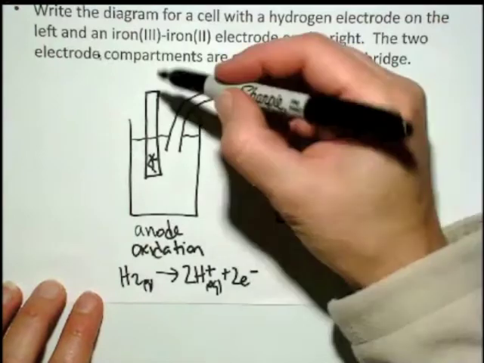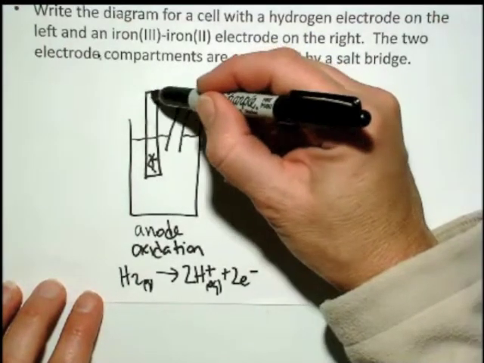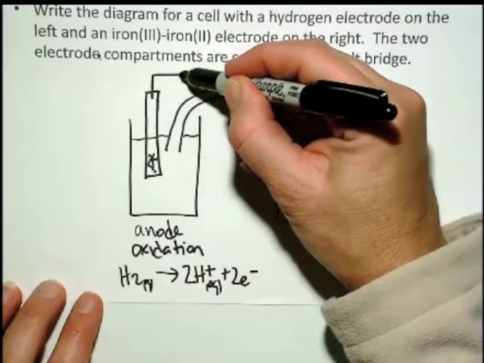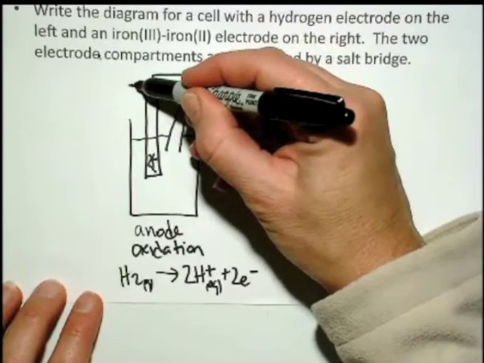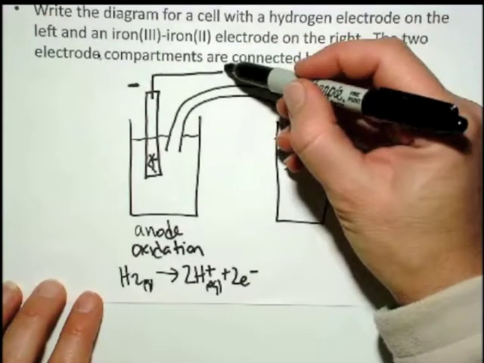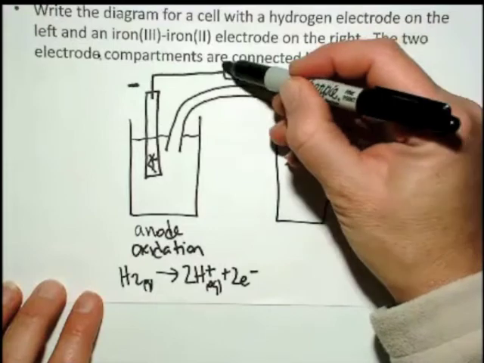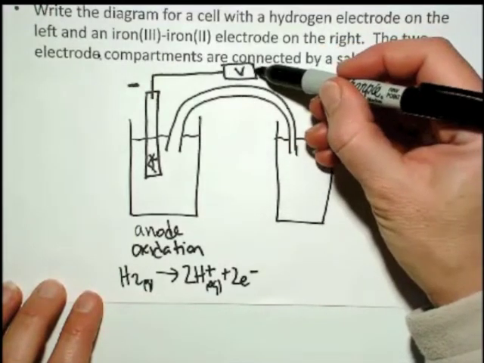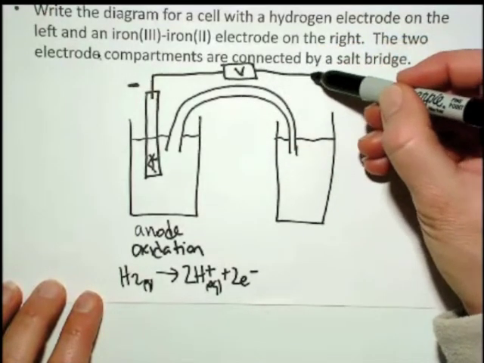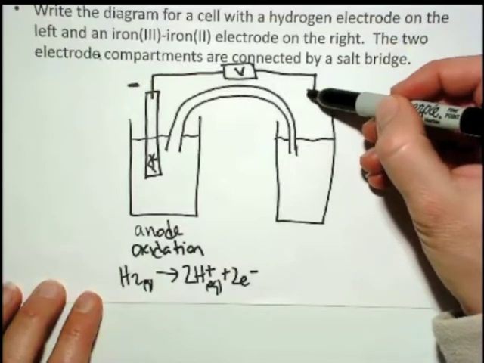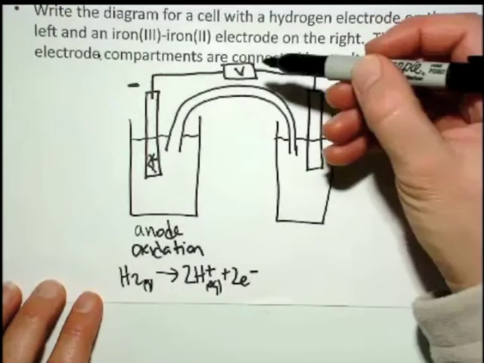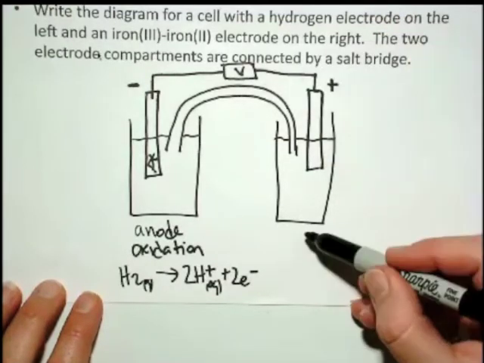A piece of platinum is immersed in this solution, with a wire attached to it. This is the anode, the negative side, where the electrons are produced. I have a little voltmeter here, so a load is applied across this. I know this other side is going to be the cathode, the positive side.